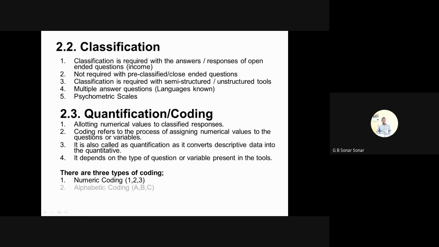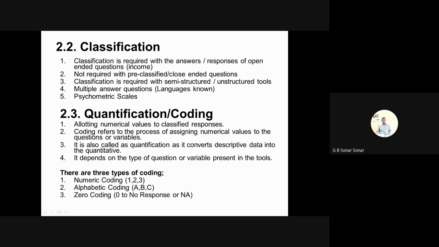And there is also practice of giving alphabetic code like ABC. If manual data processing or manual tabulation is done, alphabetic coding is used. Of course, numerical codes can also be used for the manual tabulation.